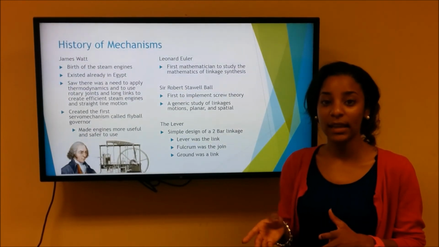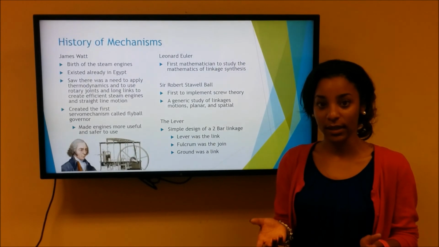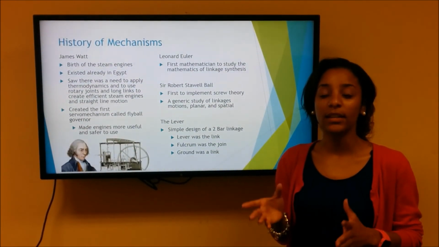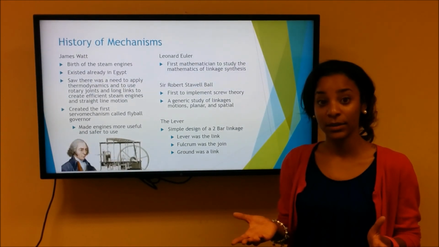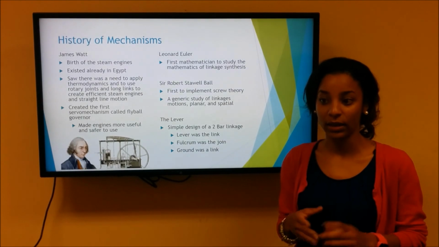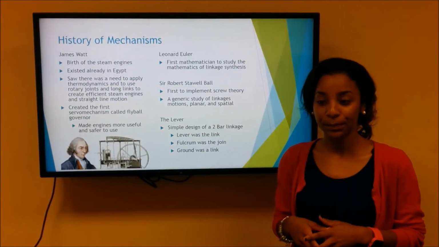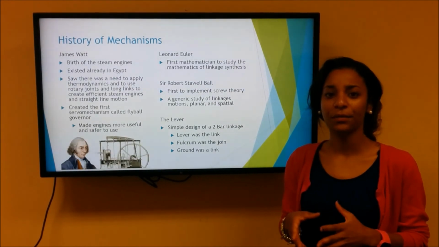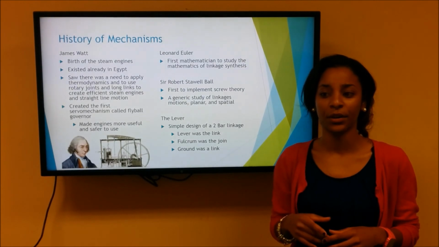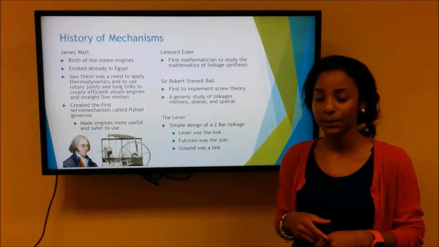These steam engines already existed in Egypt, but he revamped them, and he saw that you needed to apply thermodynamics, and he wanted to use rotary joints and long links to create more efficient steam engines. He also created the first servo mechanism, called the fly ball governor. This made engines much safer and more reliable.